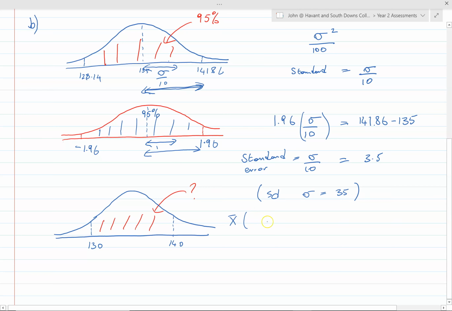The mean of this particular sample is 135, and the standard error is 3.5. So we're going to put those numbers into a calculator to work out the percentage.